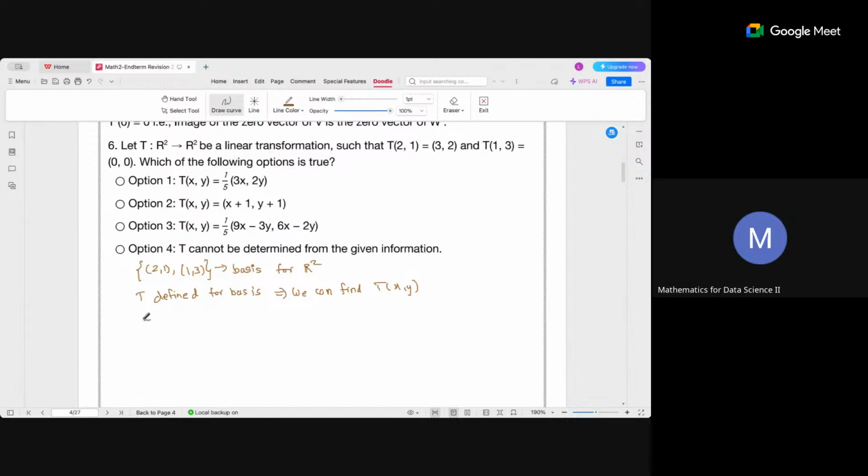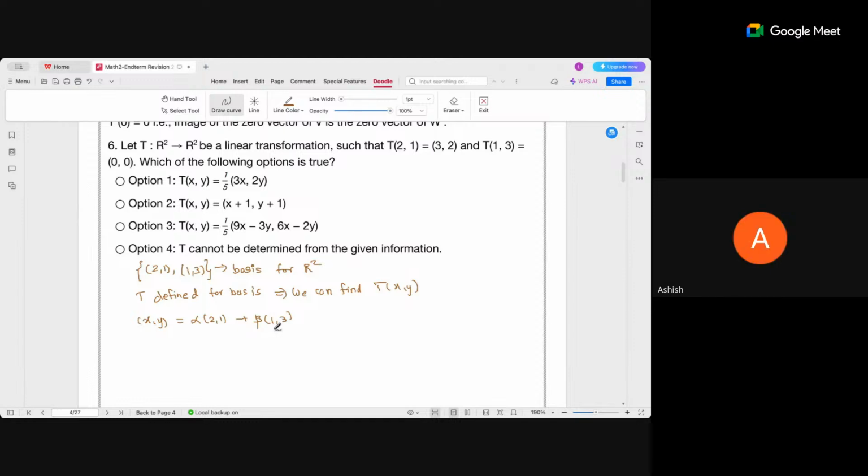So here you have to express (x, y) as a linear combination of (2, 1) and (1, 3). I guess everyone knows how to do this, right? Is there anyone who doesn't know how to find this alpha and beta? Shall I straight away give you the answer or do you want me to do the calculations?